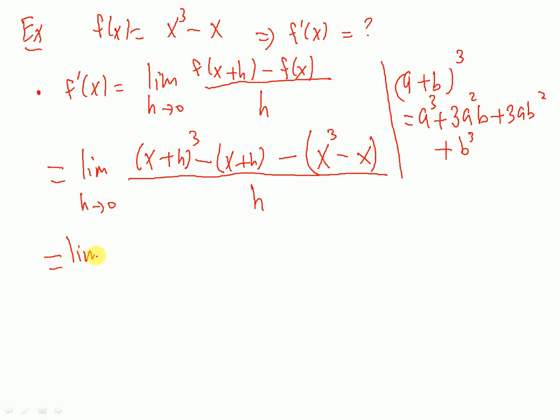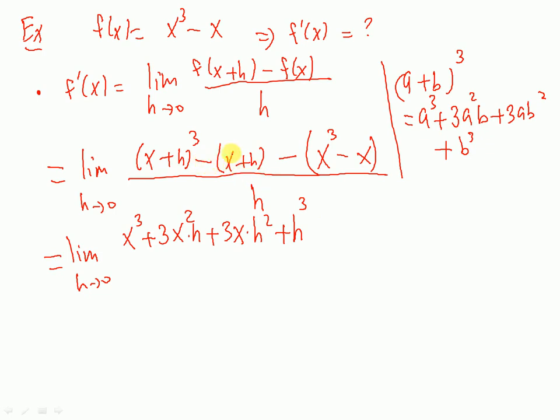So rewrite the limit here: x, the first one cubed, plus 3 times the first one squared multiplied by the second one, plus 3 times the first one times the second one squared, and plus the second one cubed.